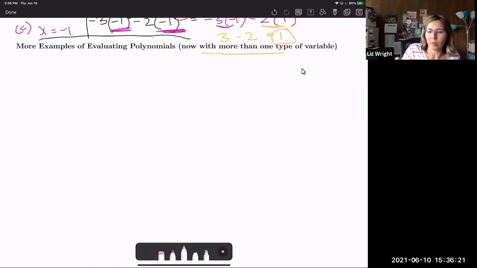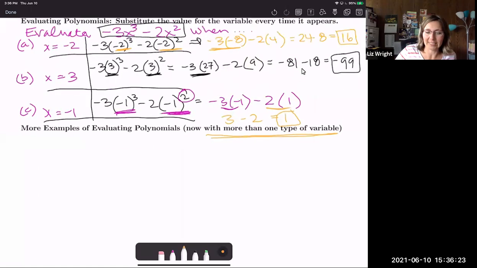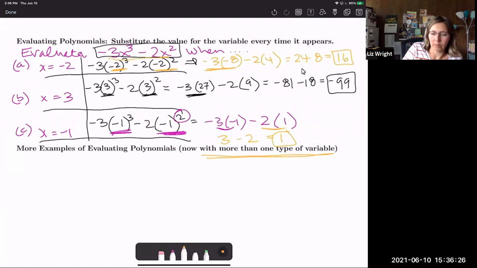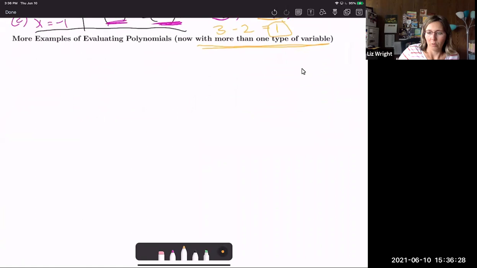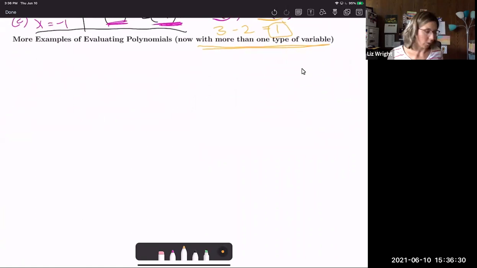All right, let's try more examples. This time we're going to have more than one type of variable. So this one was a single variable polynomial. And now we're going to do some examples where there's more than one type of variable. So our first one is going to have a couple parts like what our last one had.